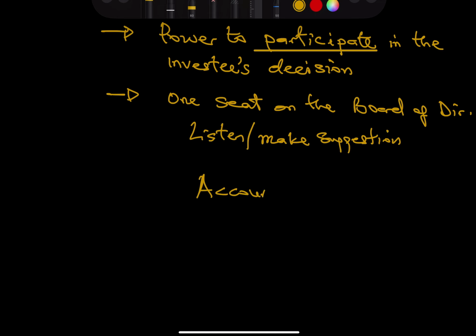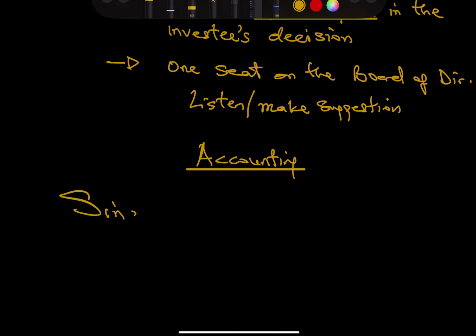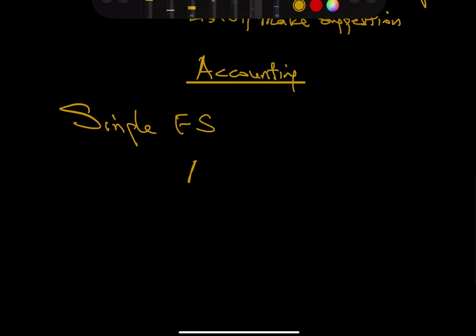associate. In terms of accounting, like I said, we look at the accounting in two ways. The first one is the simpler one, which is the single financial statement. Remember, when entity A invests in an associate, before even talking about the group account, A must record that transaction. So the question is, how does A record that transaction?